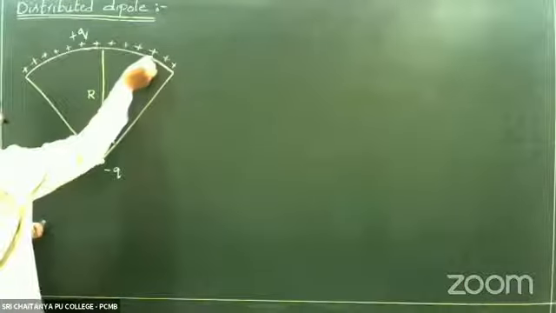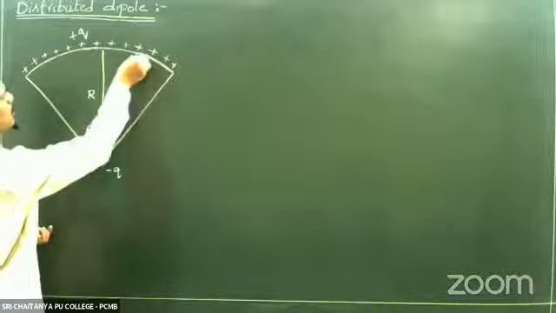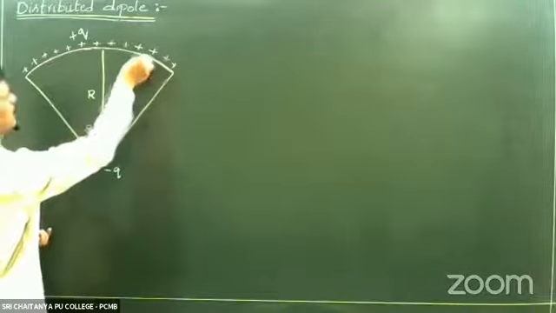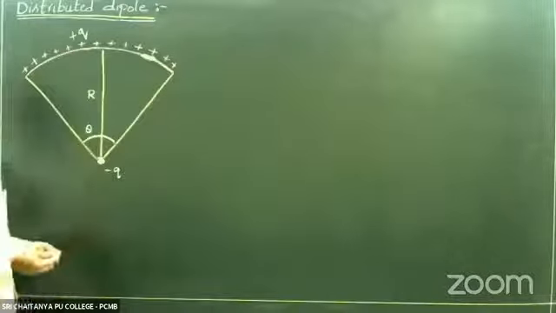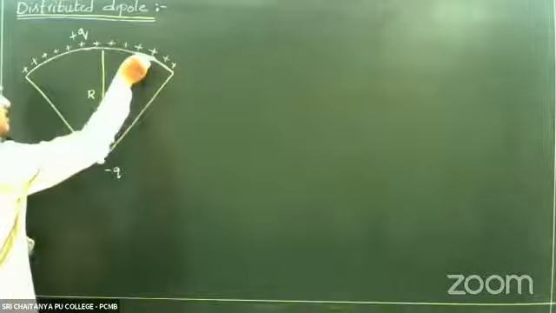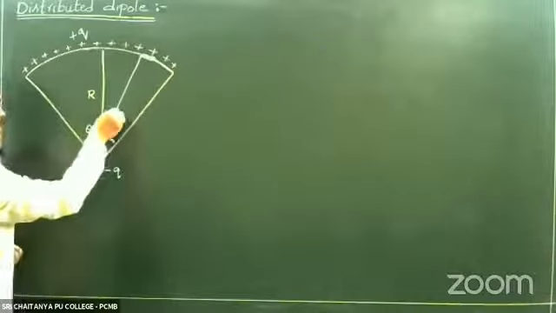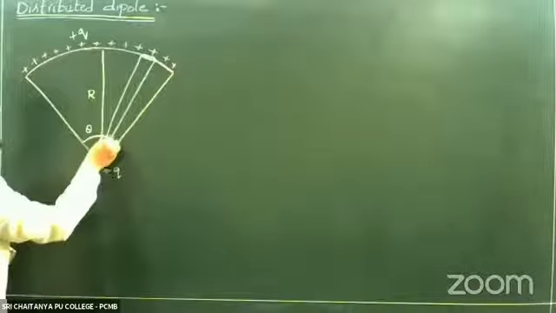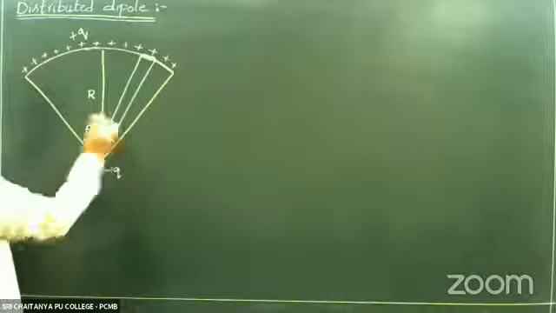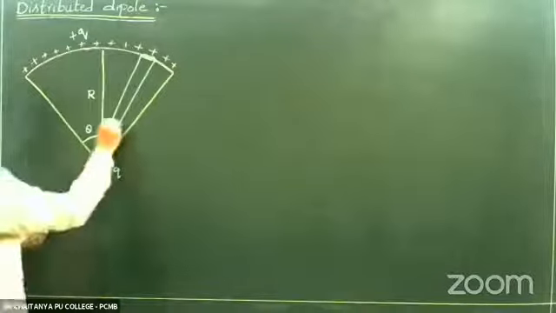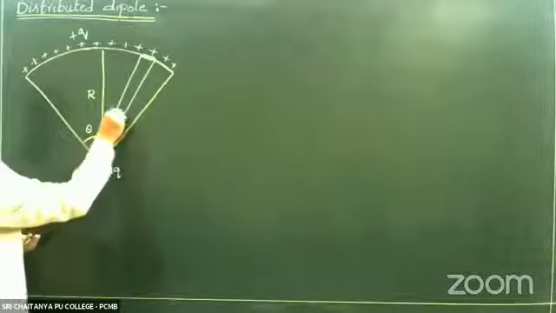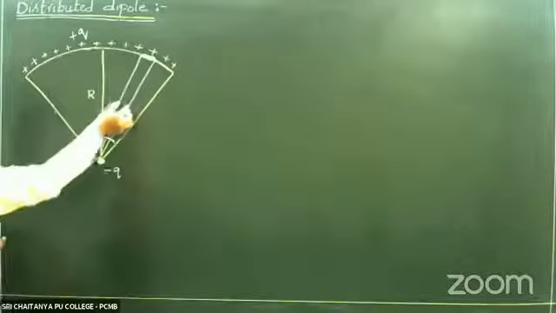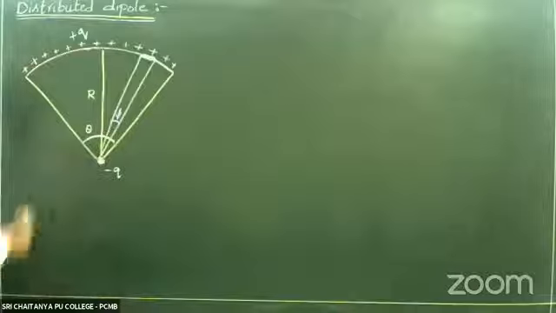Select a small portion, a small angular portion, which is making an angle phi at this center.